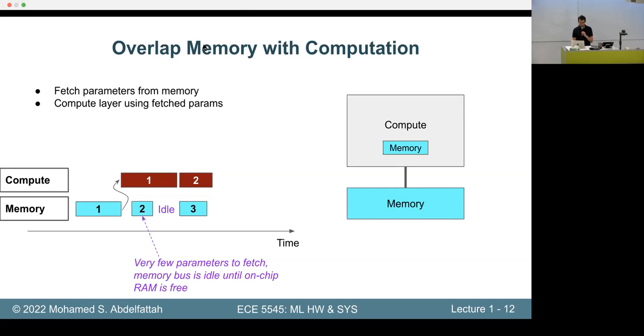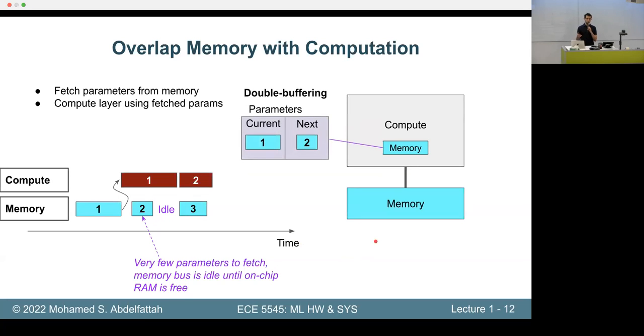In this case, can we prefetch the next batch of parameters for efficiency? That's a good point. Why am I staying idle here when I could just fetch the parameters for layer 3 instead of remaining idle, get them early, and fill all of the bubbles in my memory bus? This goes to the limited resource called on-chip memory.